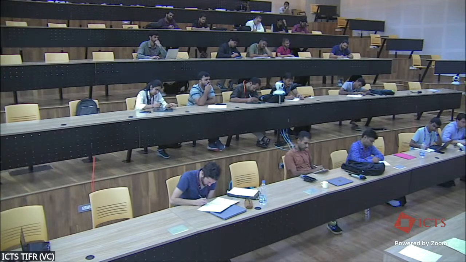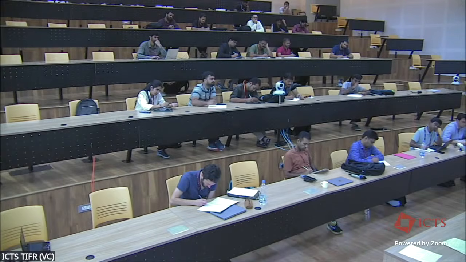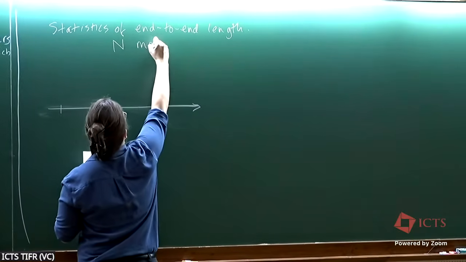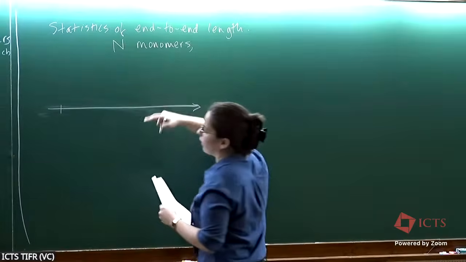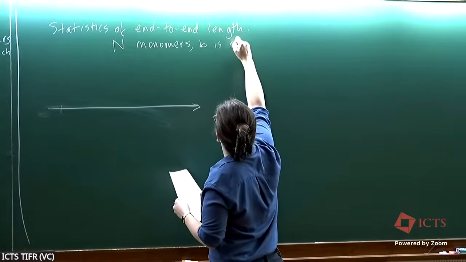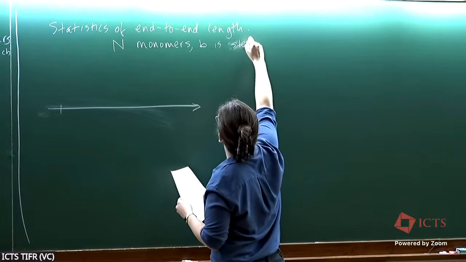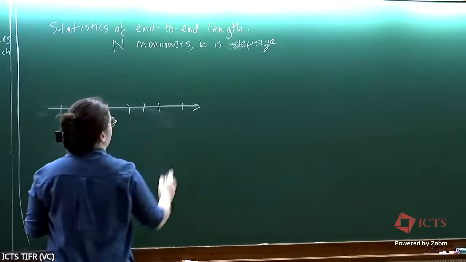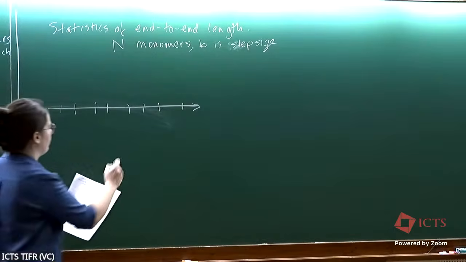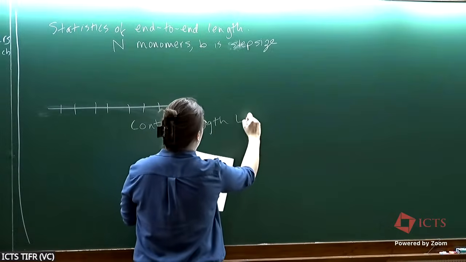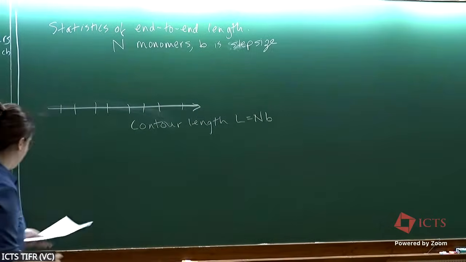And so here are the quantities that we're really thinking about. If this is a polymer where we have N monomers, where our Kuhn length is B, B is the step size, then the contour length of the entire polymer will be L equal to NB.